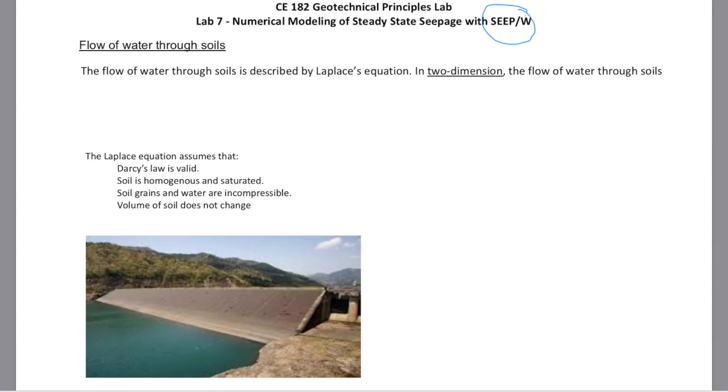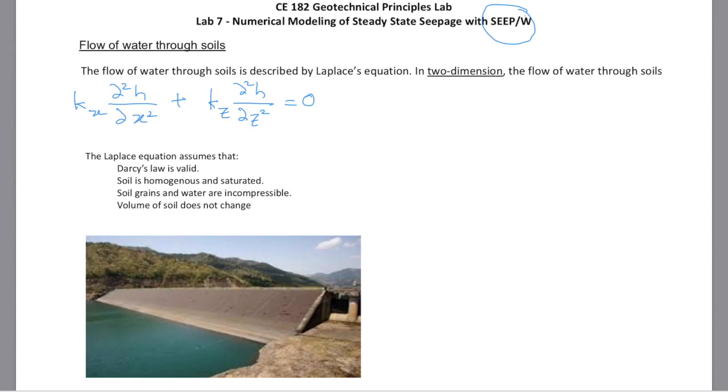So the Laplace equation to describe steady state seepage flow in two dimensions can be written as follows, where Kx and Kz are hydraulic conductivities or permeabilities of soil in the x and z directions, or horizontal and vertical directions. H is the total head at any point, which is dependent on its x and z coordinates, and that's why it's a partial differential equation.